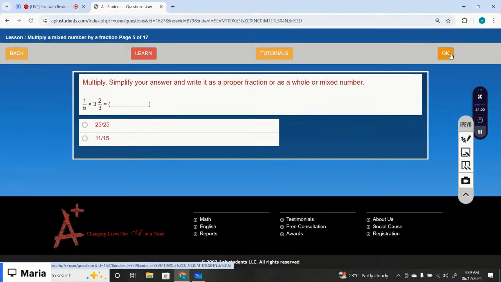1 by 5 times 3 whole 2 by 3. So which is the correct option?